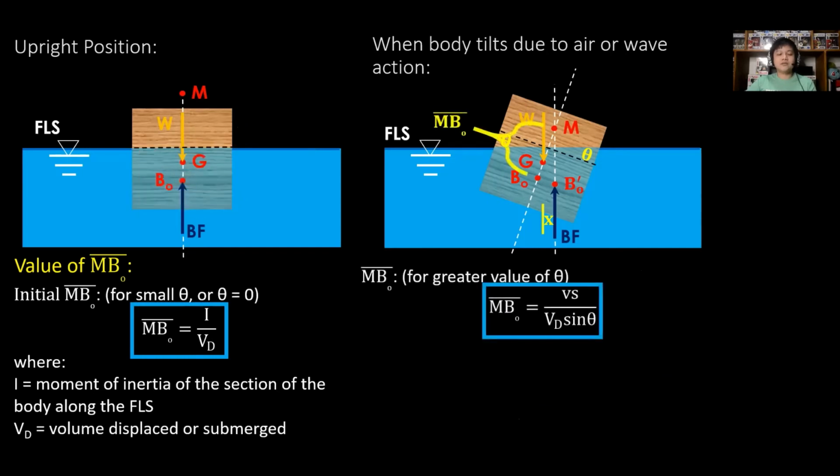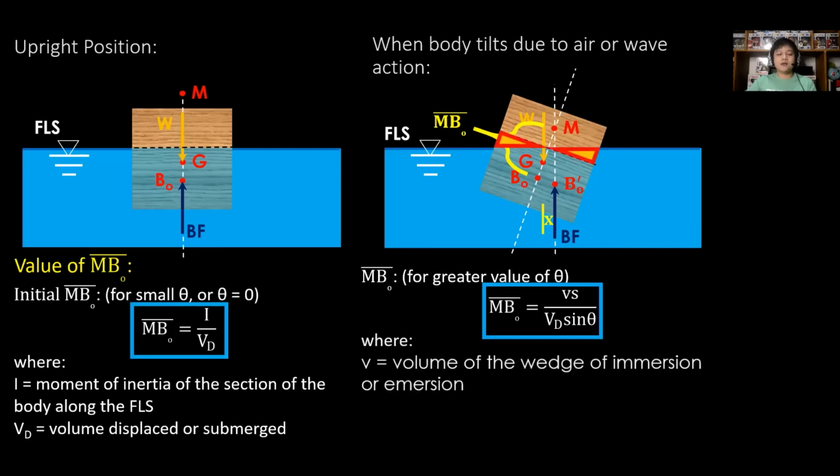On the other hand, for MBO bar, this is intended for greater value of angle of tilt or angle theta. MBO bar is equal to small v times small s all over V sub D times sine of theta, where V or small v is equal to the volume of the wedge of immersion or emersion. Choose only one.